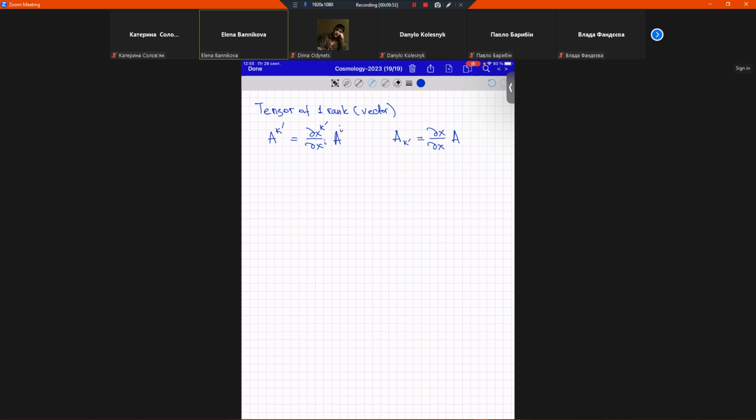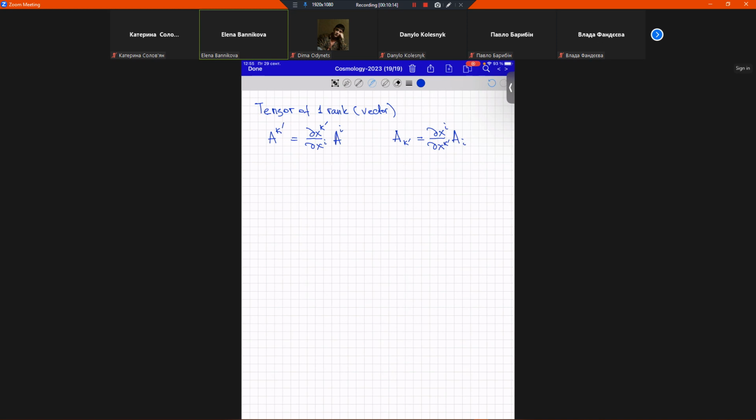So if k prime is a lower index, I need to put it here also as a lower index, so in the denominator, k prime. And after this, I write the summation index, I and I, which should be doubled. Okay, so everything in this case is understandable.